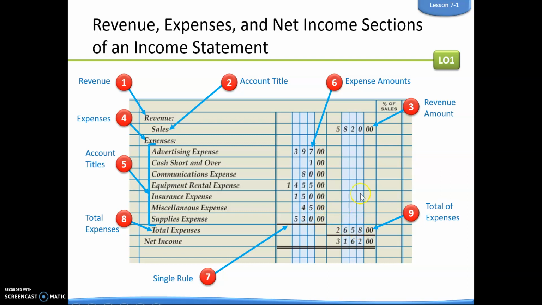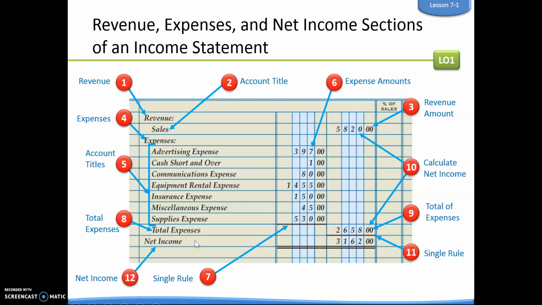The reason we do this is so that it's very easy for us when we're reading the financial statement to go, this is our total sales, this is our total expenses, okay? Again, because we're going to do a calculation, we do another single rule here underneath our total expenses, which will allow us to say we're going to calculate net income. So we take our sales minus our expenses, and that's going to give us net income, okay? So we put the title, net income.